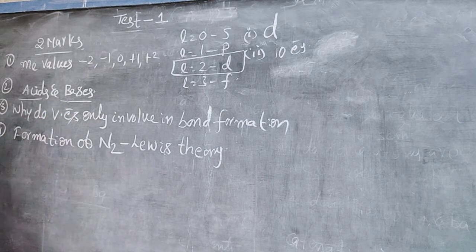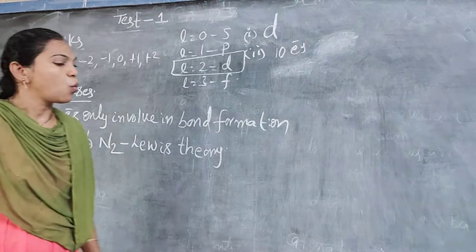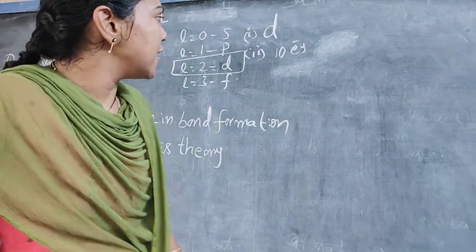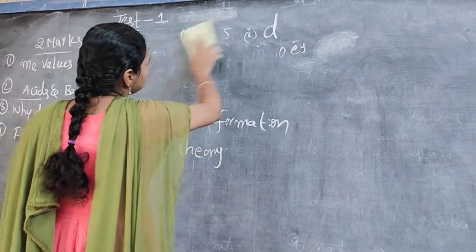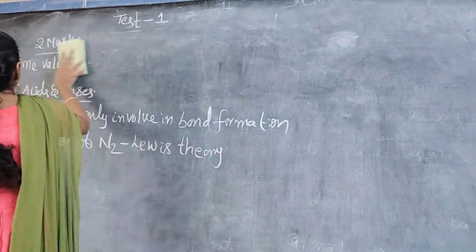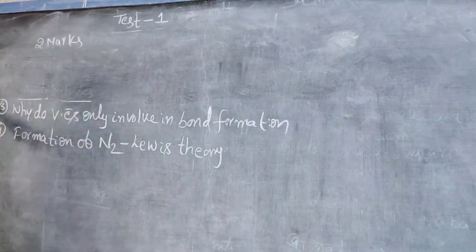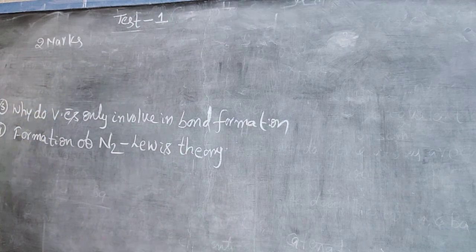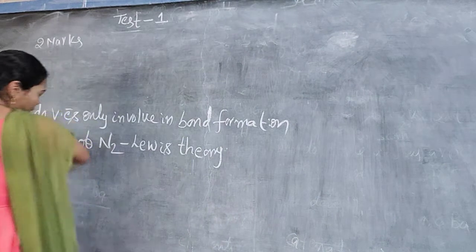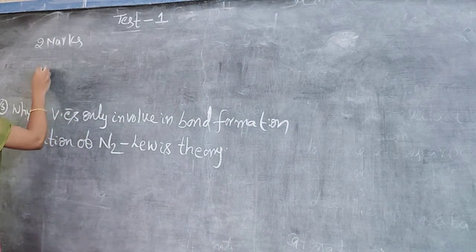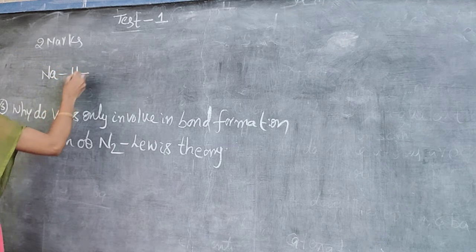Next question: why are only valency electrons involved in bond formation? Why are inner shell electrons not involved in bond formation? For example, take sodium, atomic number 11.